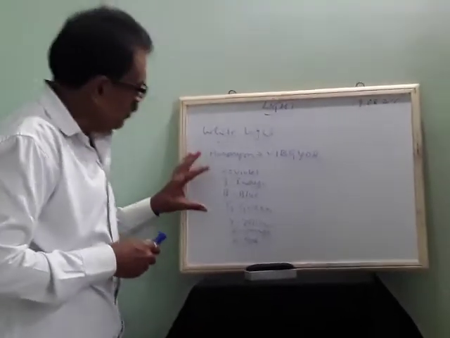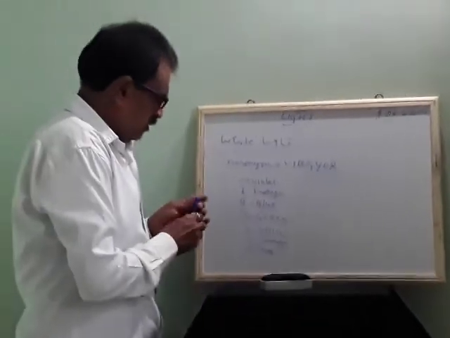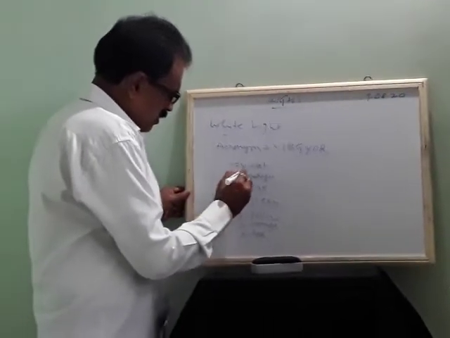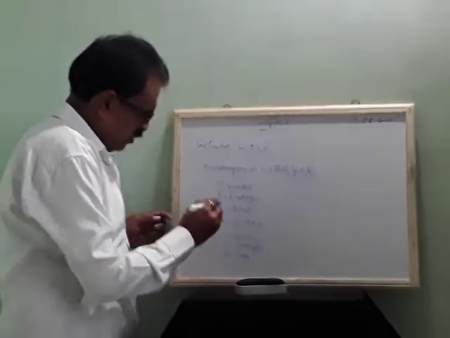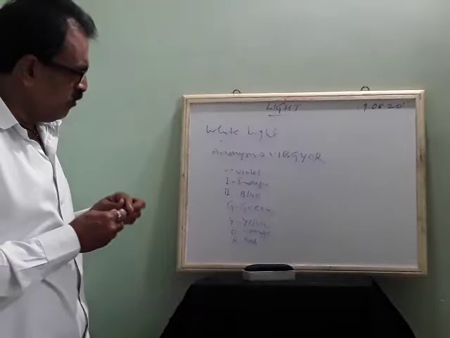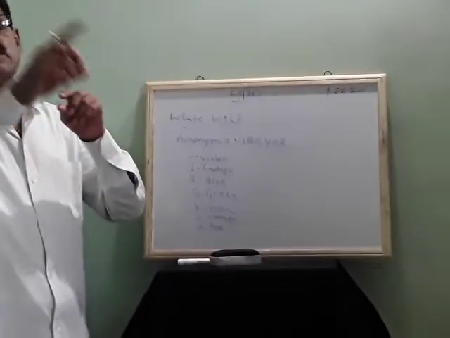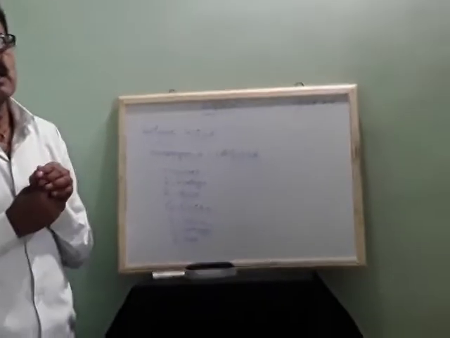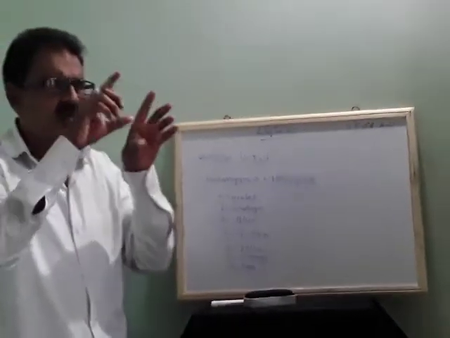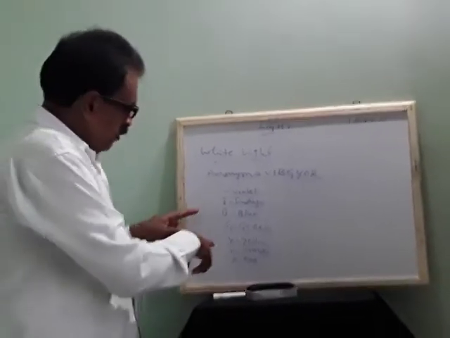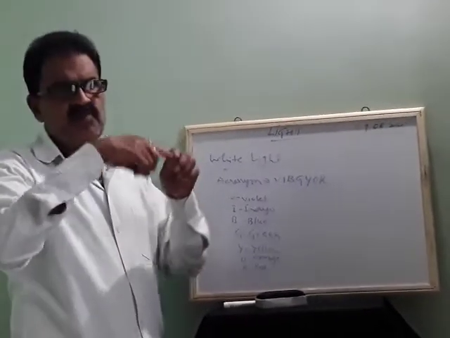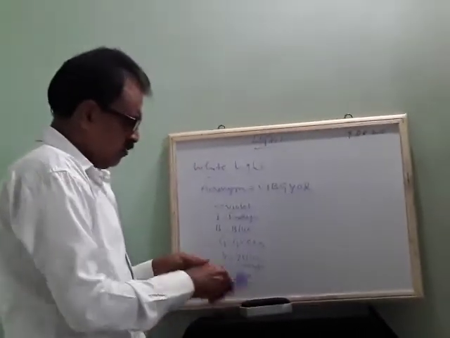You can make this in your home also. Actually, what happens is you take a white sheet and you make a round cardboard. On that you put all 7 colors, like this.